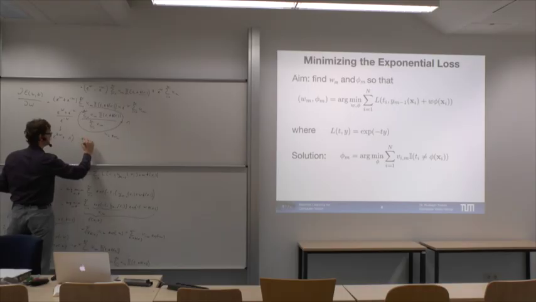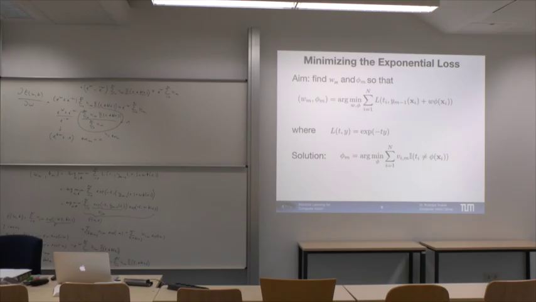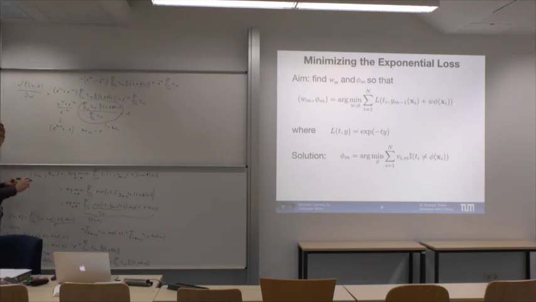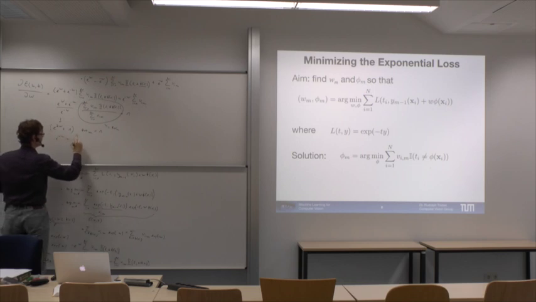We have this equation now, and we have to solve that for w. Is it okay if I just do this in the next step, or should I do one step in between? Let's do one step in between. We say e to the 2w equals 1 over the error minus 1.